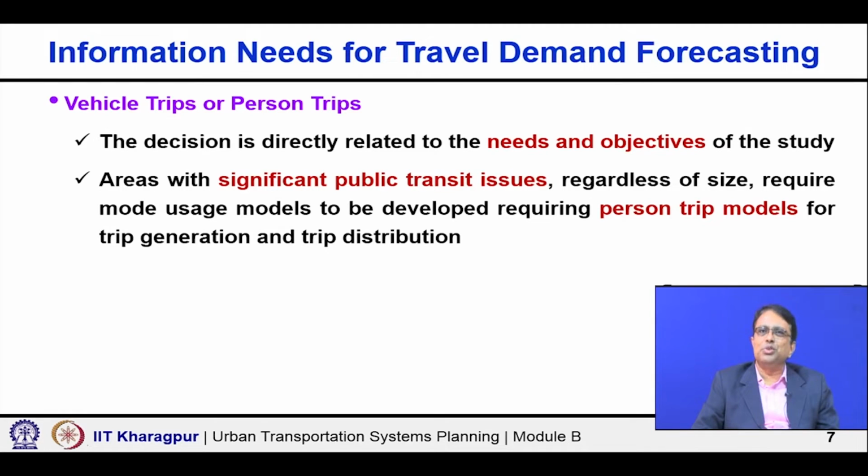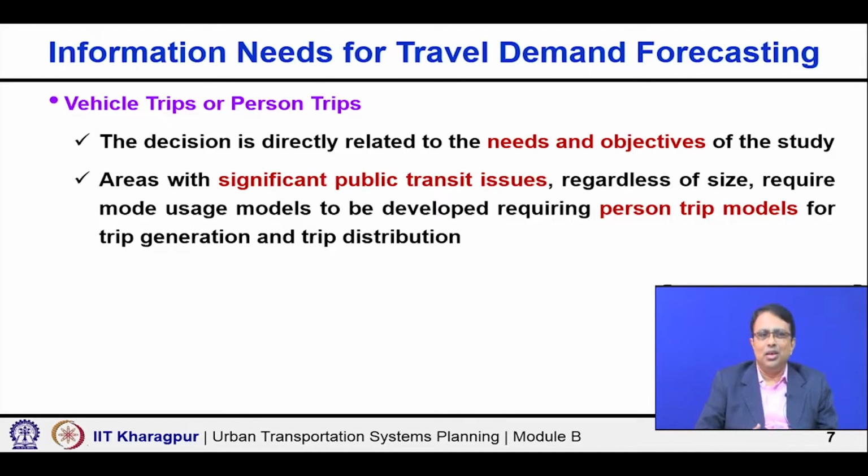So, generally I would say yes, more desirable, and probably for many works you need to use the person trip data. But of course, there could be occasions where the requirement is very different, and in those cases you can also use vehicle trip data, or even vehicle trip wise you develop the matrix.